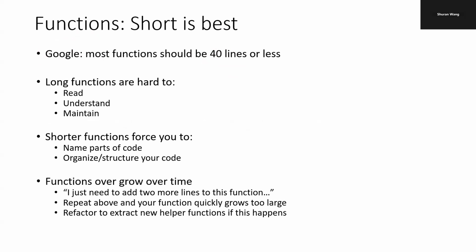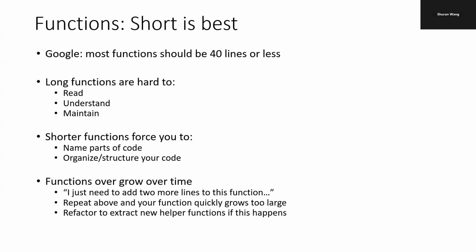We are only going to check whether the function can approximately fit into 1 or 2 screens. If it's going to be more than 2 screens, like you have to scroll down 2 times for a single function, this is too long, and your TA will deduct marks for that. Long functions are hard to read, understand, and maintain.